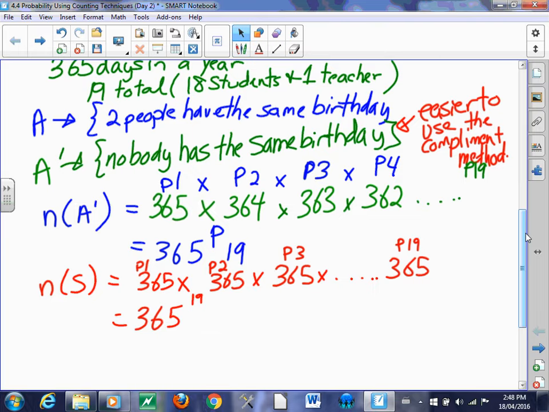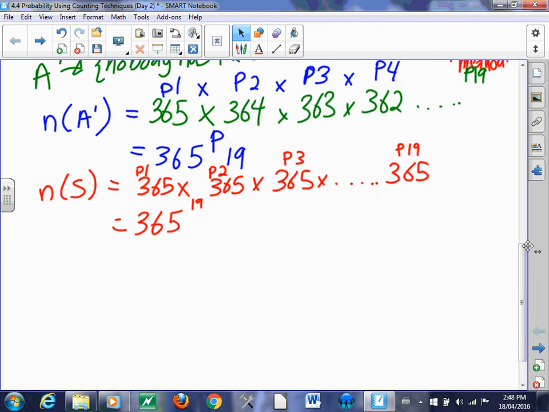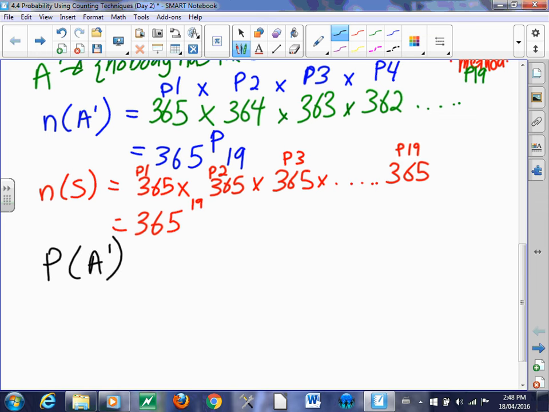Now we have the rough information. Now we're going to find the probability of this not happening, and then we'll relate it back to the regular method. The probability of this not happening is the number in A prime over the number in our sample.